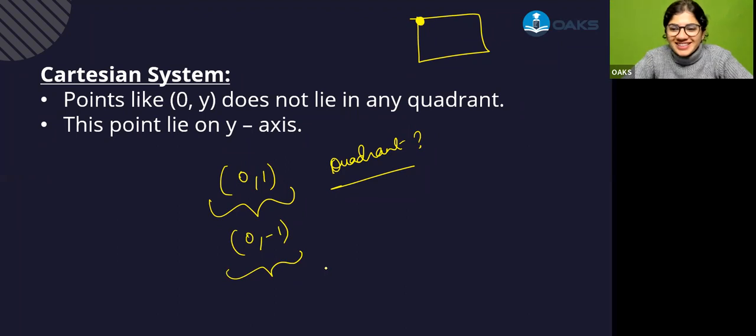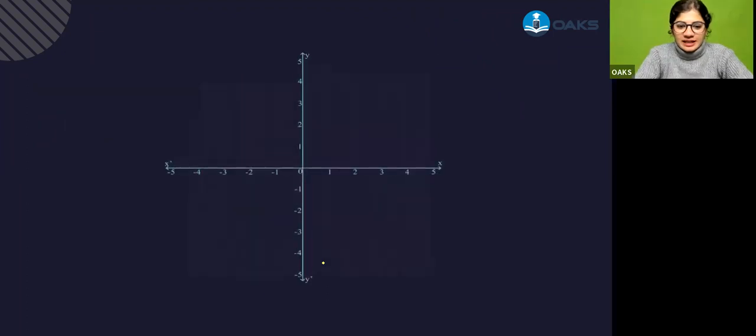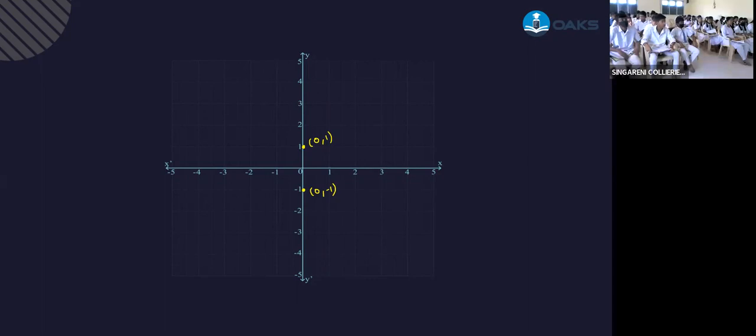Okay, you can sit down. Now, let me show you the points here. So, 0, 1 will lie here, right? So, this is 0, 1. And this point is 0, -1, right? Is this the correct representation? Yes or no? Yes.